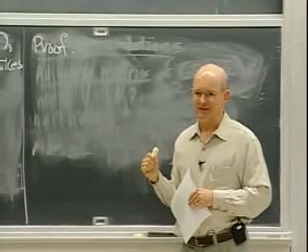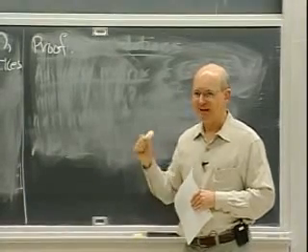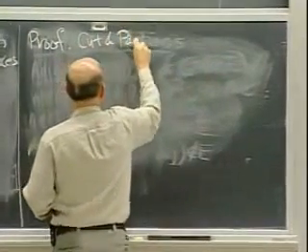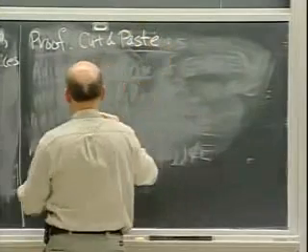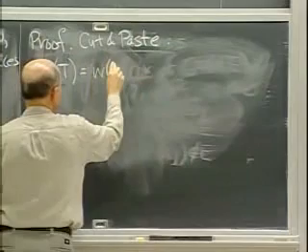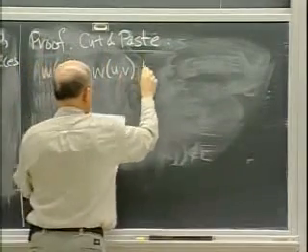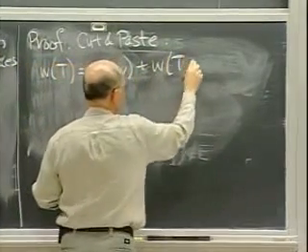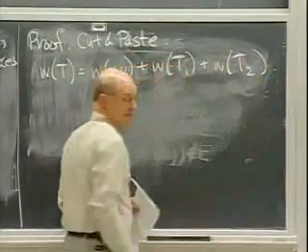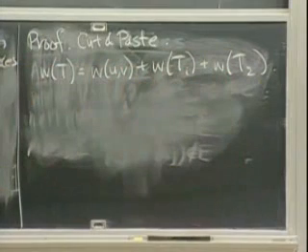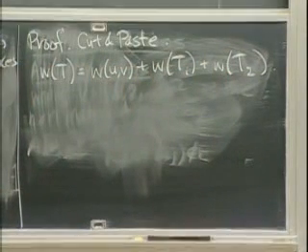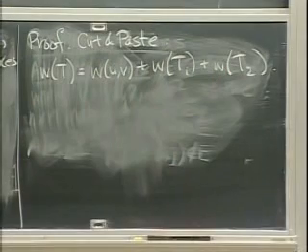Something you do in your text editor all the time. Cut and paste. Good. So the weight of T I can express as the weight of the edge I removed plus the weight of T1 plus the weight of T2. So that's the total weight.